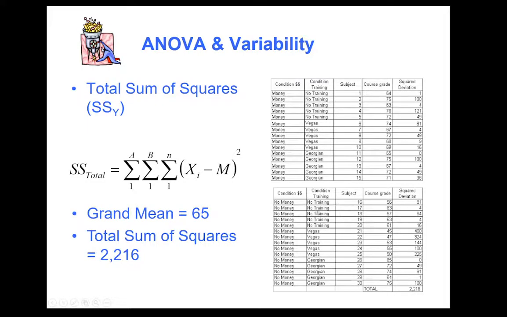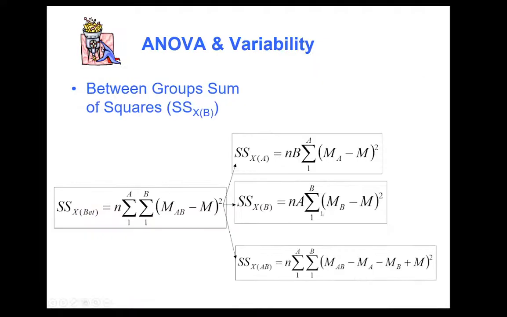So I got 3 levels of variable B for the no money. So I take the 5 here and multiply it by 3 to tell me that I have 15 no money people. That's where the NB comes from. NB represents the number of levels of variable B. There are 3 levels to variable B, and within those no money people, there are 5 people that are no training, 5 people that are Vegas, 5 people that are Georgian. So 5 times 3 is 15.